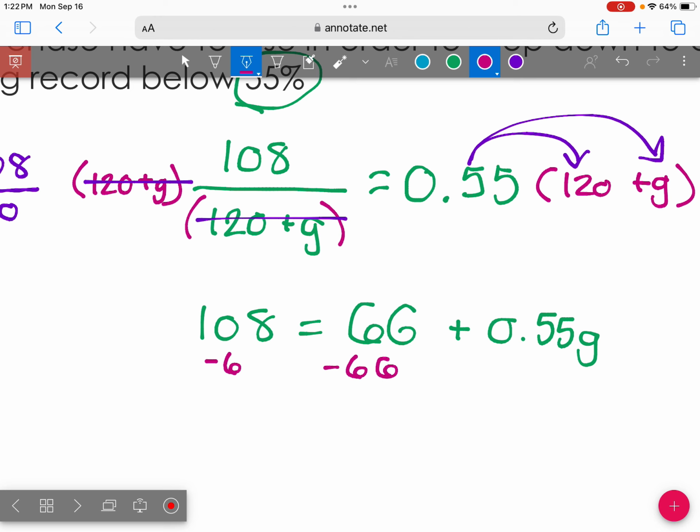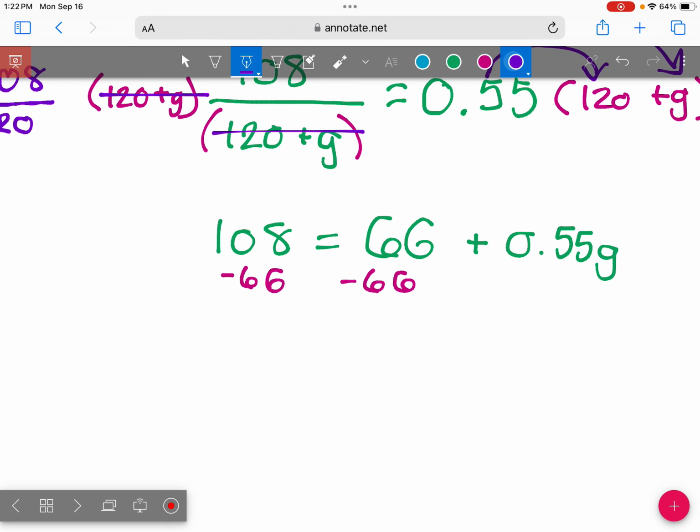Do we need to move anything else? No. So what do we get? 42 equals 0.55 G. Don't drop the G. Then what?